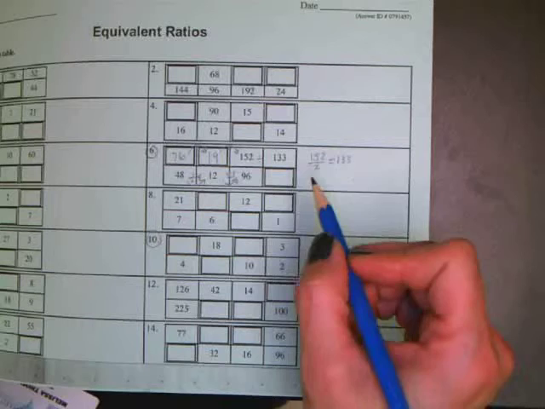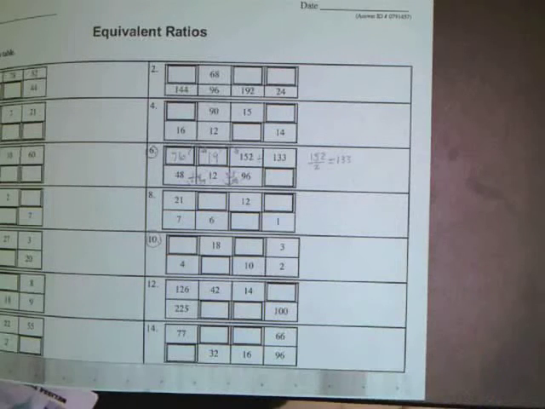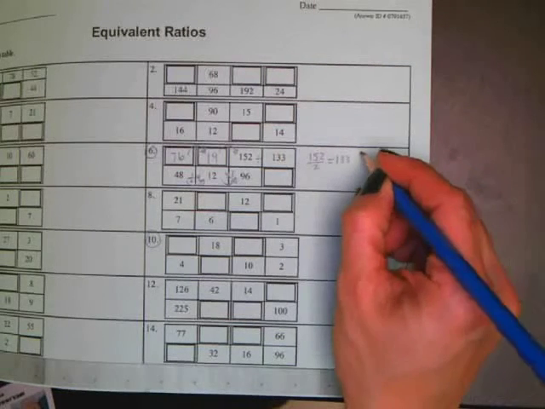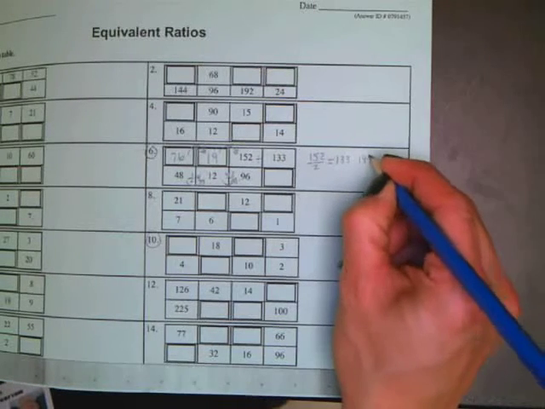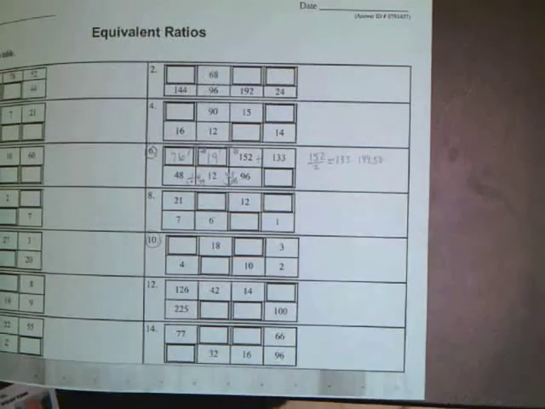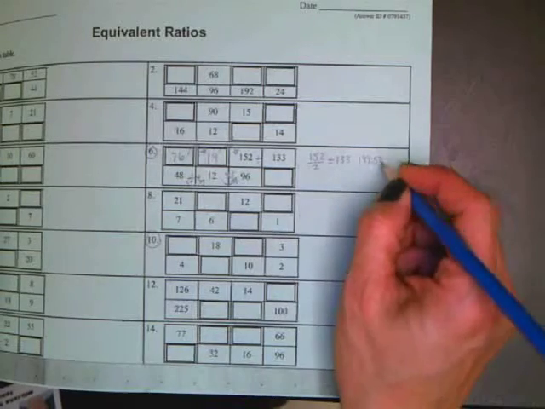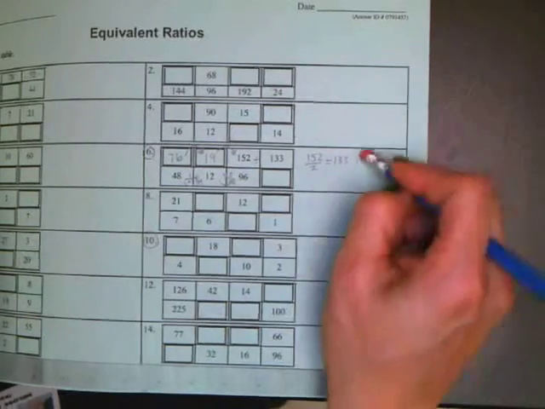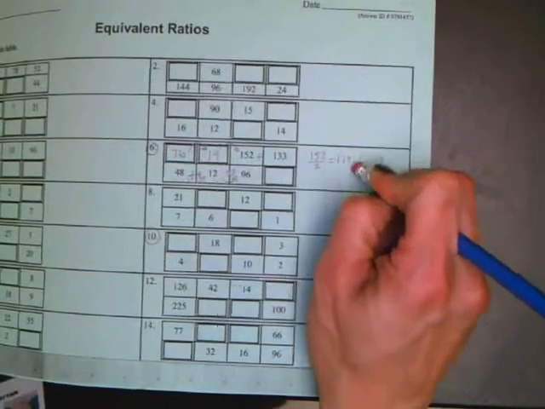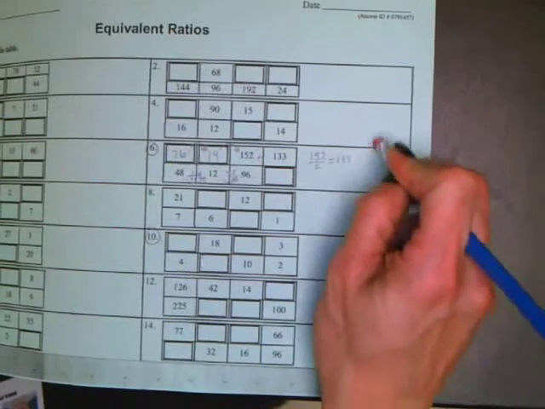Well, I could multiply 133 by, let's just try 1.5, and I'd get 199.50. Too much, so it's less than 1.5. How else could I figure this out? I could just guess and check, guess and check.